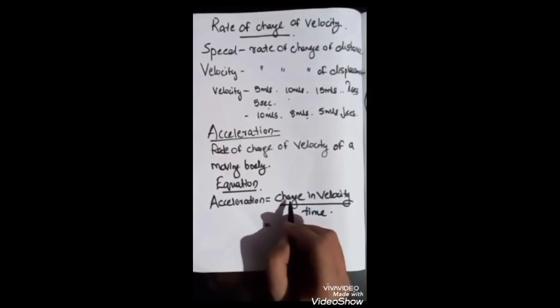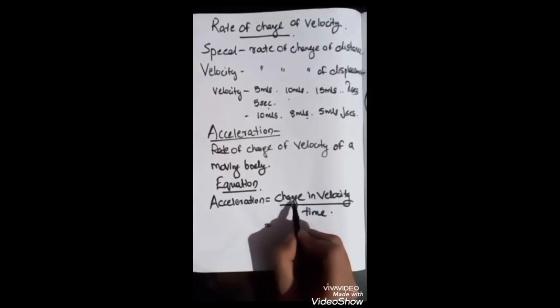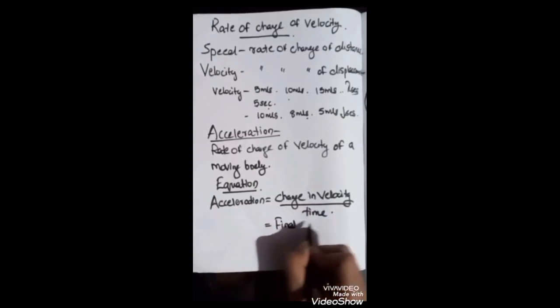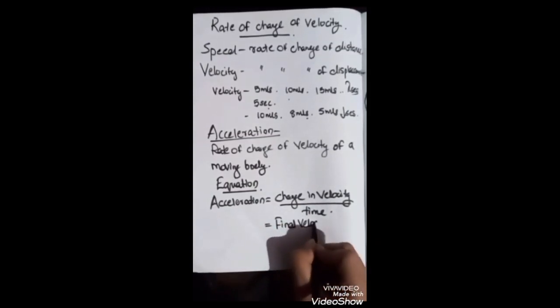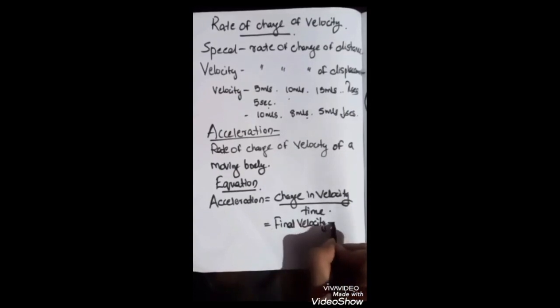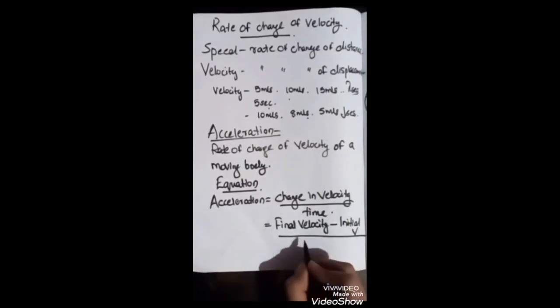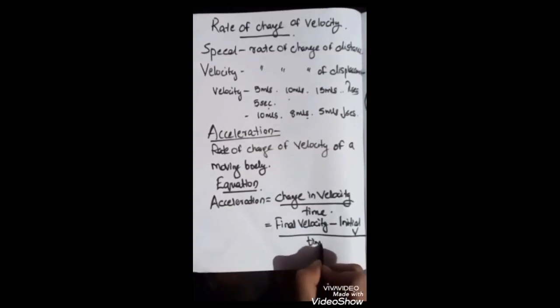So we can write change in velocity is equal to final velocity minus initial velocity, all divided by time.